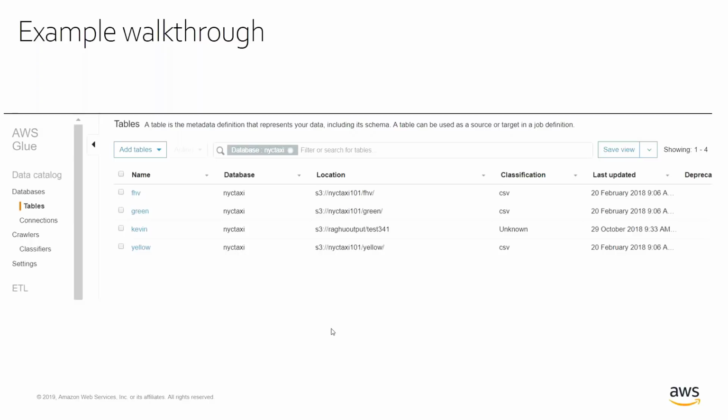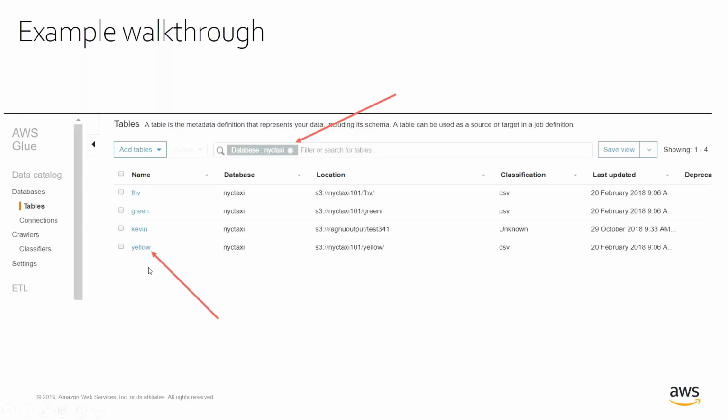And under that bucket, you have a prefix called yellow, okay? And what you have done is you have some CSV files in that prefix called yellow. You have created a metadata table called yellow table inside the Glue data catalog, okay?